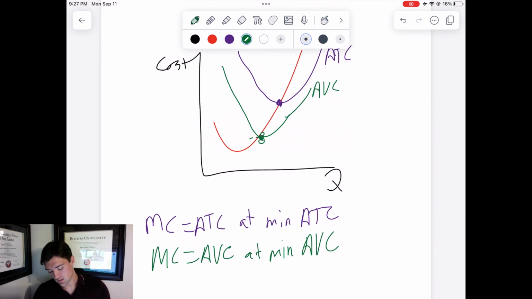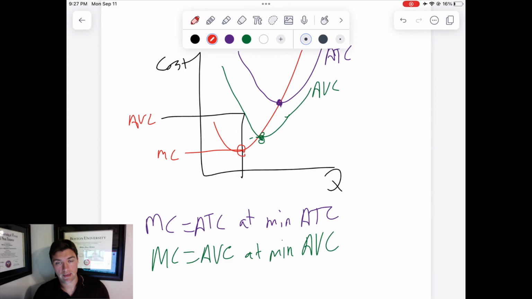Okay. With this information, now I can tell you, if marginal cost is lower than the average variable cost. So like right here, at this level of production, this is your marginal cost. Here's your average variable cost.